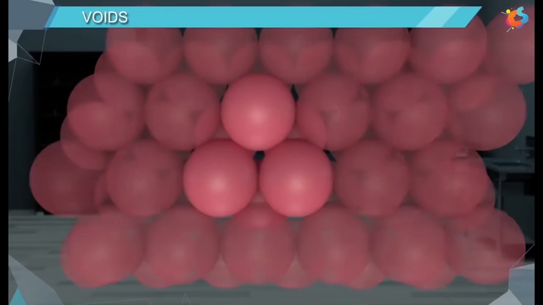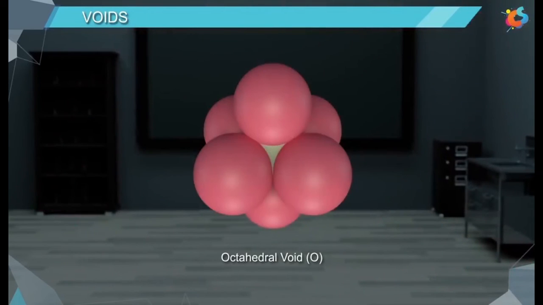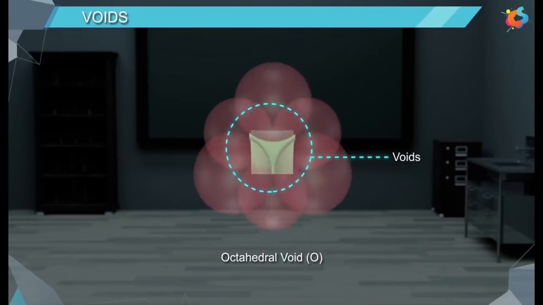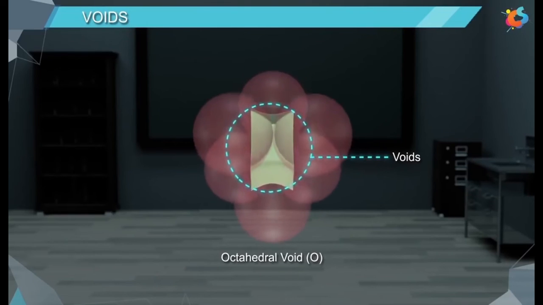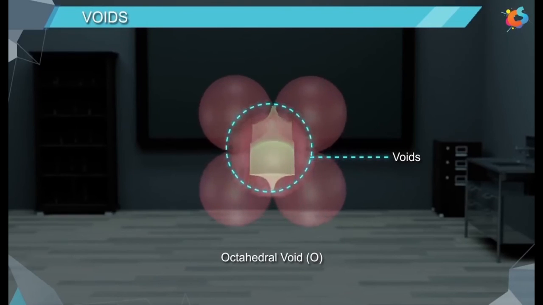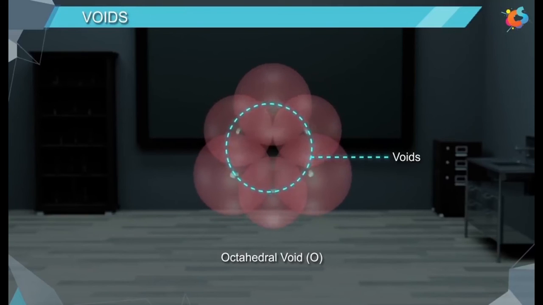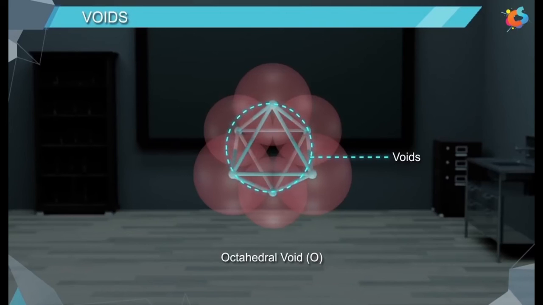While at other places, we will notice that the triangular voids of the first layer coincide with the triangular voids of the second layer, such that their triangular shapes do not overlap. At such places, another type of void is formed. This type of void is known as octahedral void, O, since an octahedron is formed by joining the centers of the six surrounding spheres.